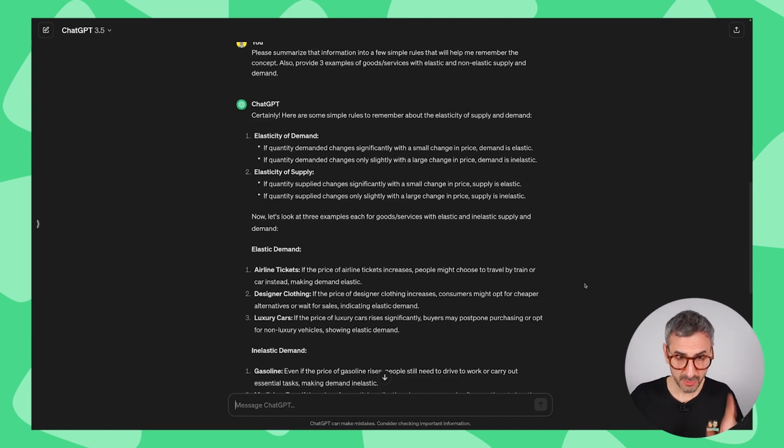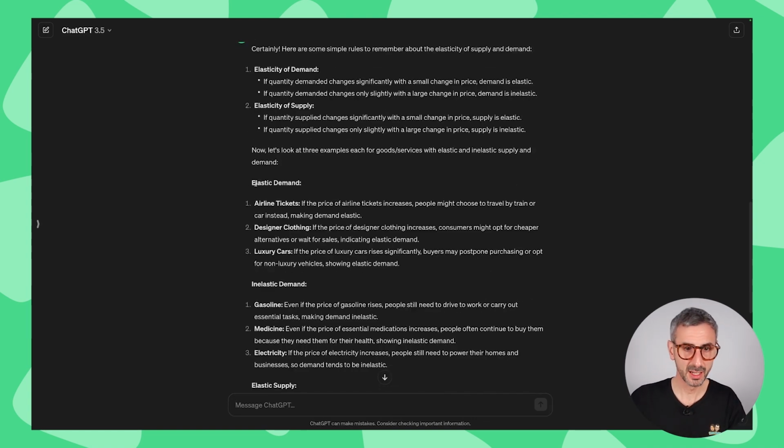On the other hand, if quantity demanded changes only slightly with a large change in price, then the demand is inelastic. Similarly, for supply, if quantity supplied changes significantly with a small change in price, supply is elastic. If quantity supplied changes only slightly with a large change of price, supply is inelastic.